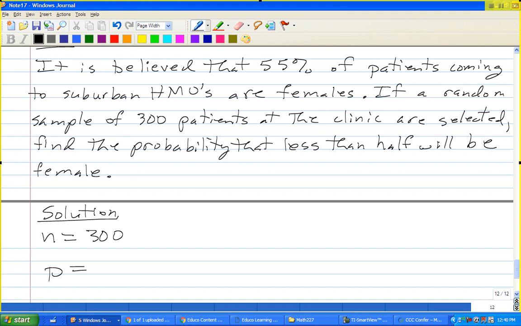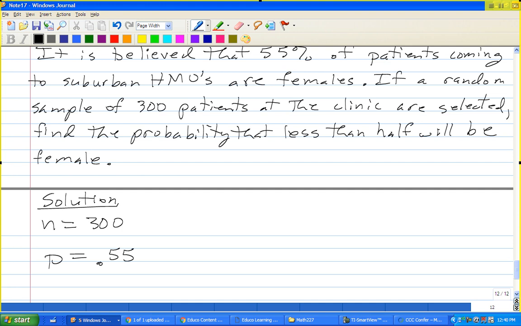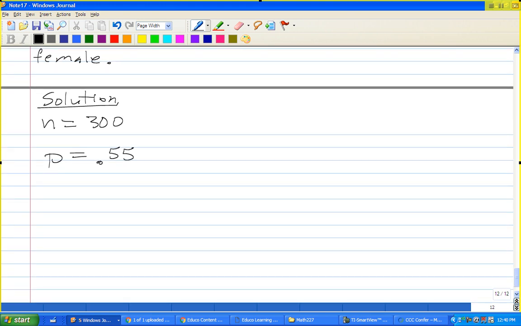The probability of success, well, we're assuming that it's 55%. And I want to figure out the probability that less than half are female. And so 0.5, that the sample proportion is less than 0.5.